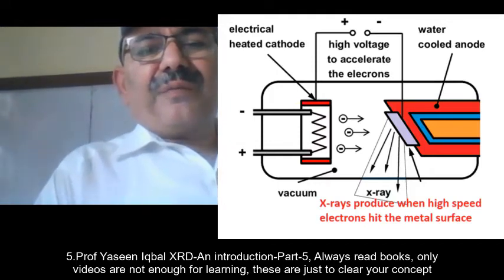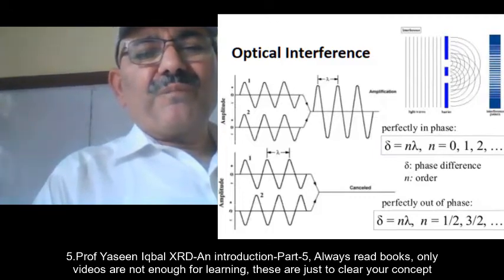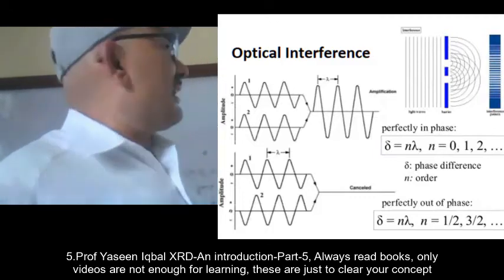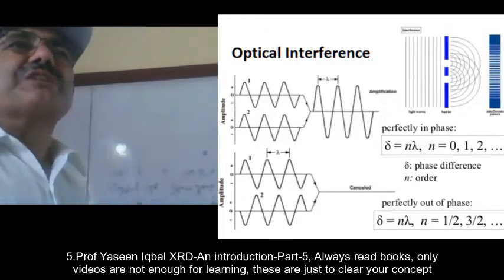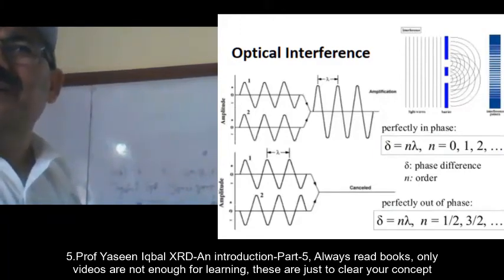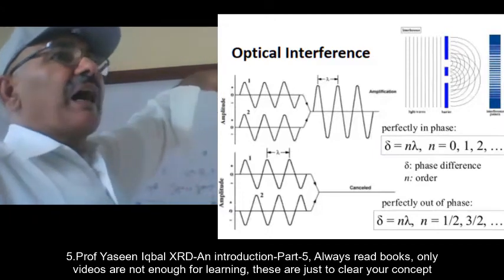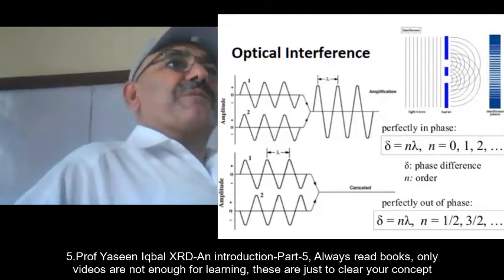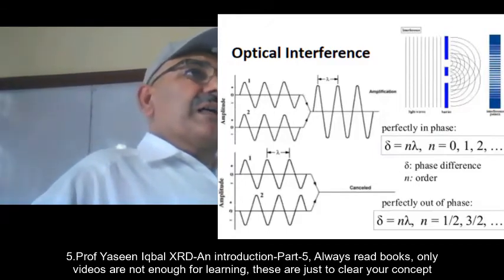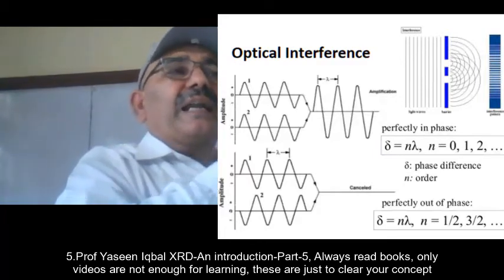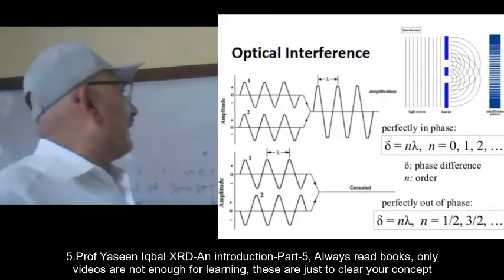Then there is the similarity with optical interference. It's for those who don't know anything about diffraction, right? When the two waves have zero path difference, they will go together and reinforce each other, and only constructive interference will occur.